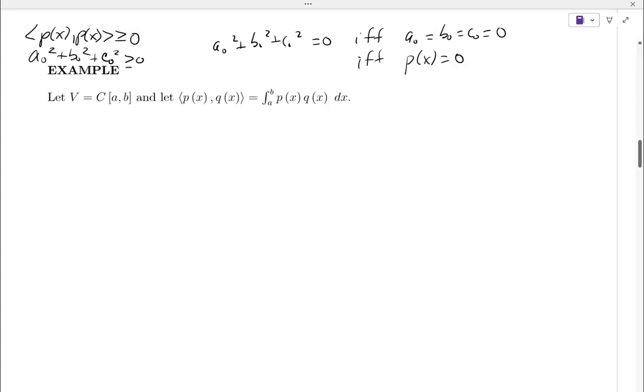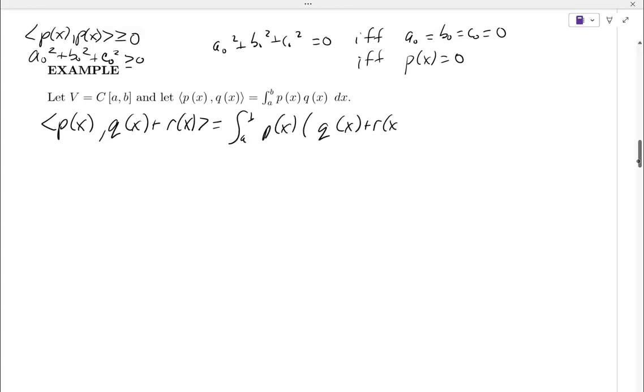What allows your second axiom to work? Yep, exactly right, Ian. So we can split the integral up, right? This is the definition of the inner product of p of x with the sum of q and r, right?